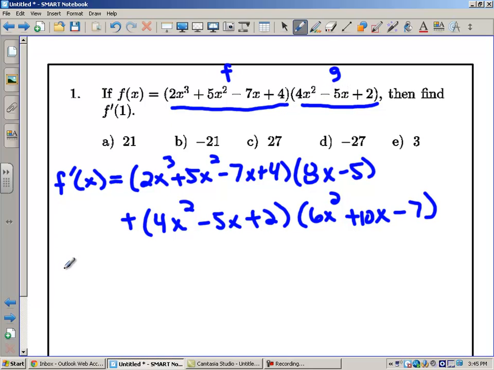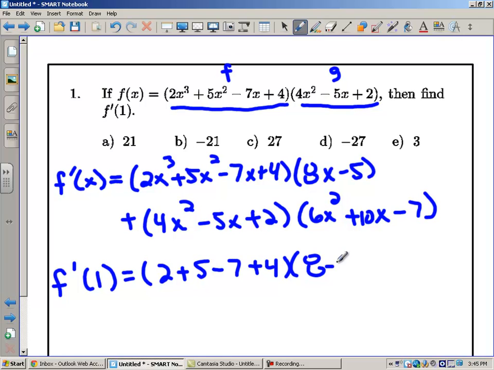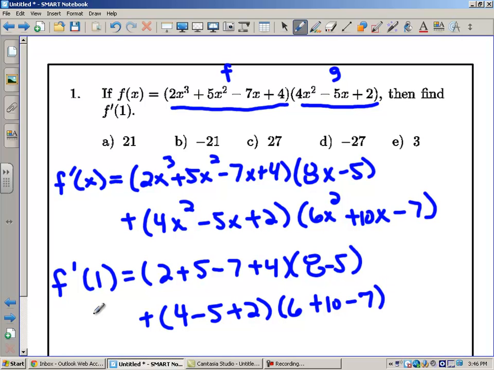So now we're going to plug in 1, and let's see what our answer is going to be. So if I plug in 1 for all those x's, I'm going to get 2 plus 5 minus 7 plus 4 times 8 minus 5, plus 4 minus 5 plus 2 times 6 plus 10 minus 7.